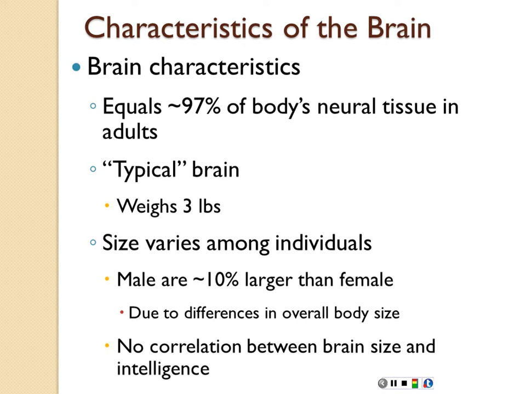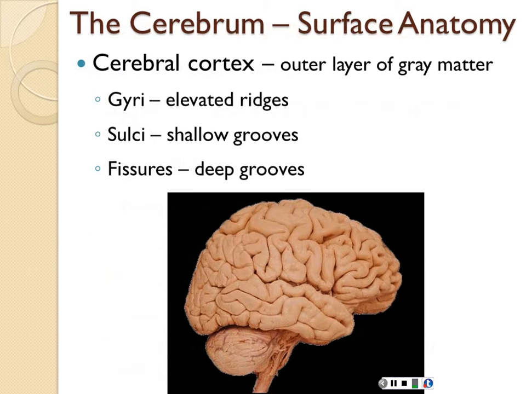The typical brain weighs about 3 pounds. The size varies slightly among individuals. Males' brains are 10% larger than females' brains, and that's due to the difference in overall body size in proportion. There's no correlation, however, between brain size and intelligence.